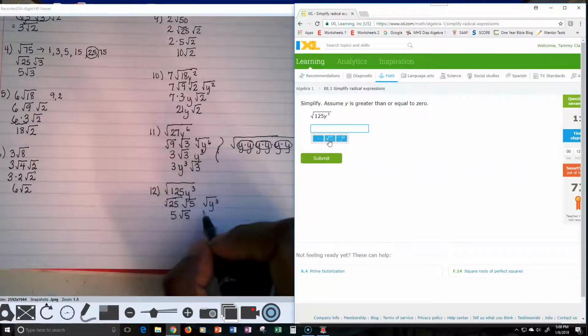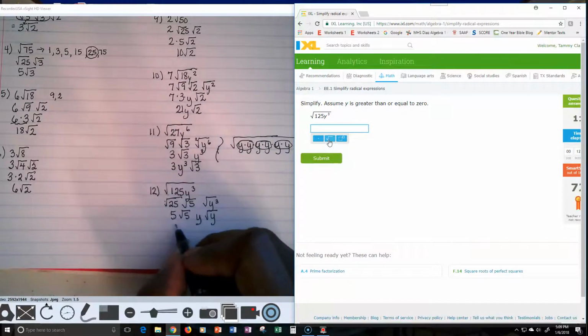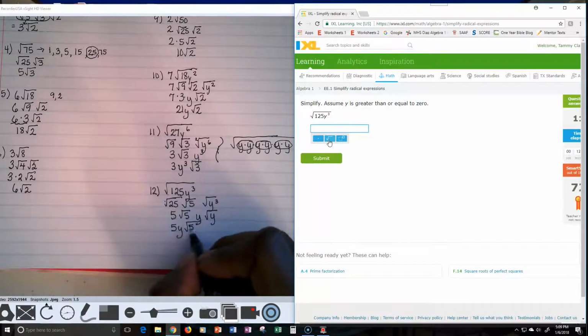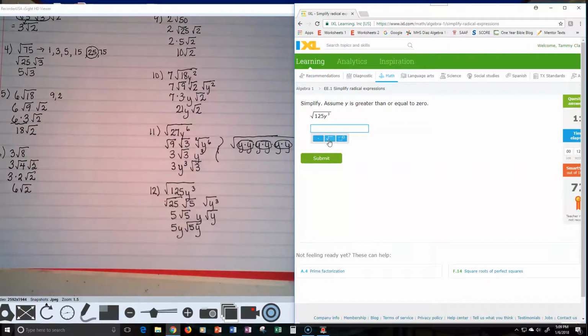I can only get 1 pair out. So 2 goes into 3 once. So I can bring 1 y out, but then I have to leave the other y under because there are 3 y's. So now I can do 5 multiplied by y gives me 5y, and then under the root symbol would be 5y, because I can take square root of 5 and multiply it by the square root of y, and that gives me what goes under the radical sign. So this would be 5y times the square root of 5y.